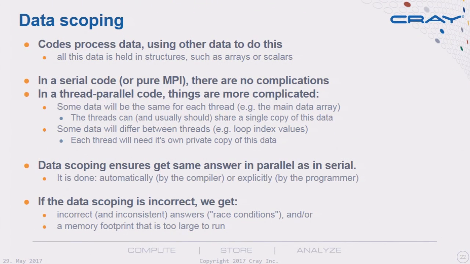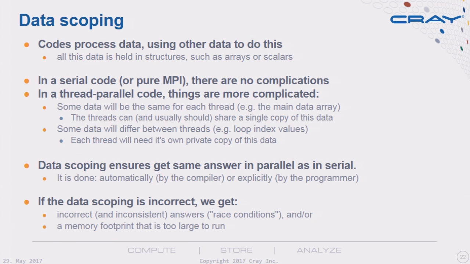So we have to think of which data is private, for example, the iteration counter in a loop. They differ from thread to thread, but maybe different threads work on a huge array on different portions, so then this array could be shared.